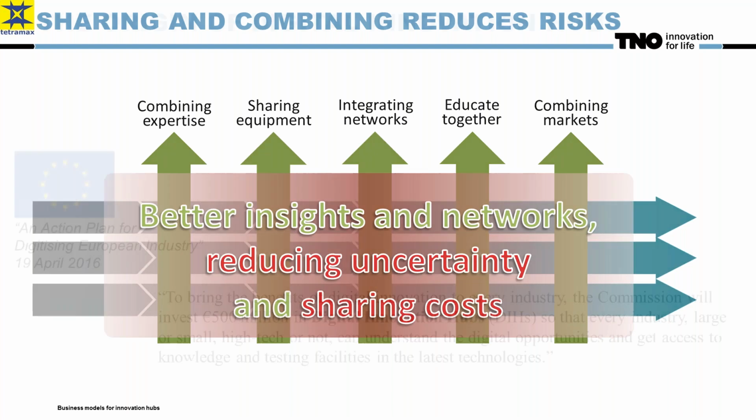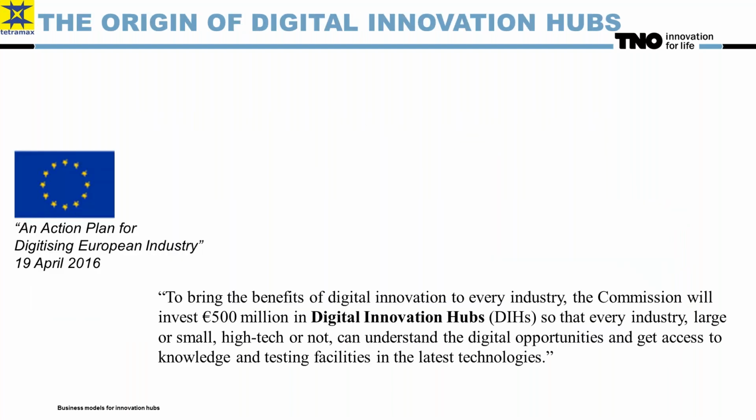So an innovation hub is about reduction of the economic risk by reducing the cost you need because you share your equipment, and you keep track of the expertise that you gain during those processes, and you can help other clients, other customers, with that gained expertise.